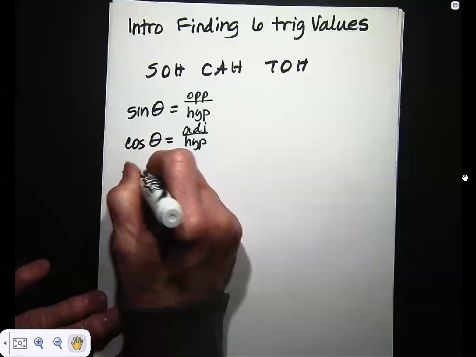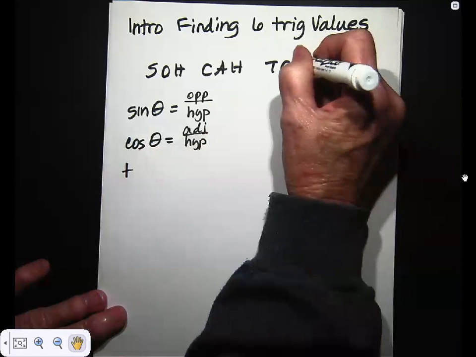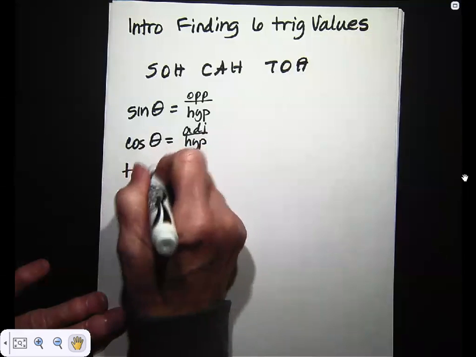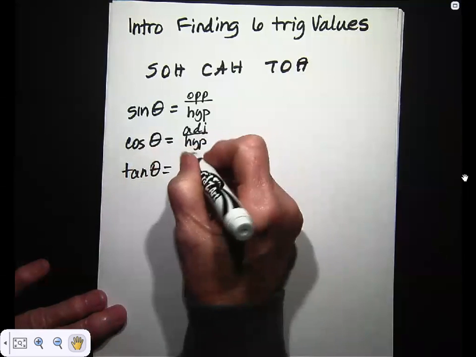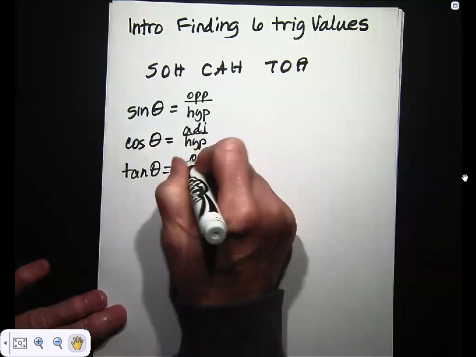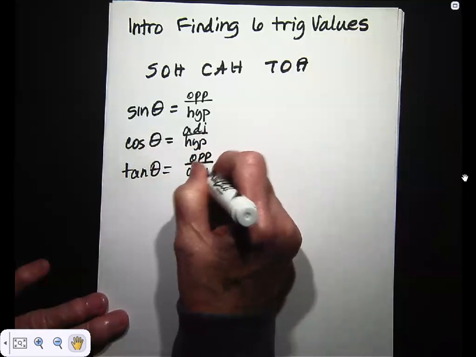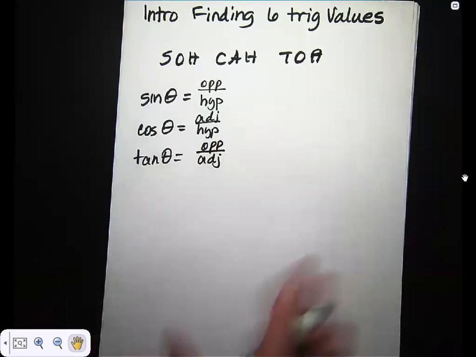And TOA, that's an A, so the tangent of an angle is equal to the opposite side over the adjacent side. So that's the introduction to them. That would be the first 3 that you would have.